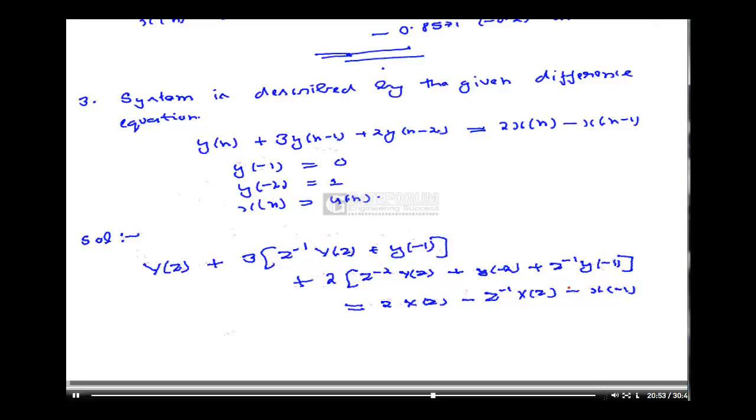Okay. Now, after writing this equation in z domain, I can take Y(z) one side, X(z) one side, then solve this. Now, I can write the previous equation like this: 1 plus 3z inverse plus 2z inverse squared, multiplied by Y(z), plus 2 is equal to X(z).